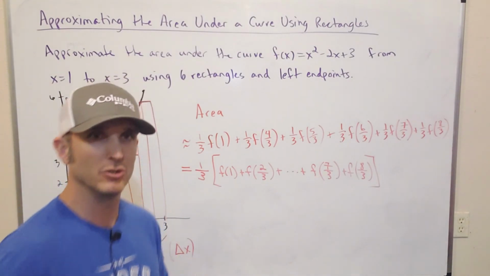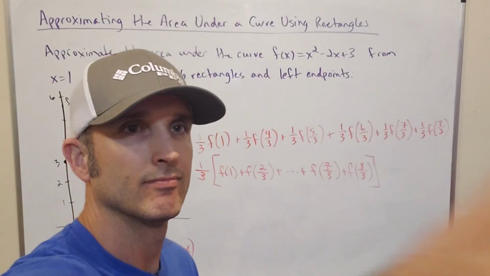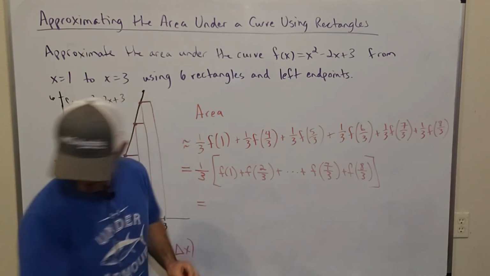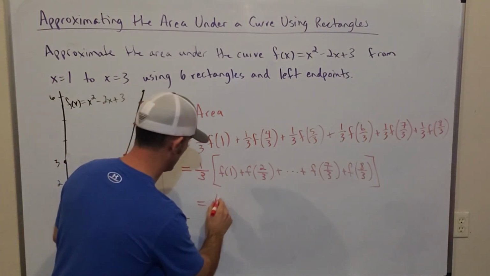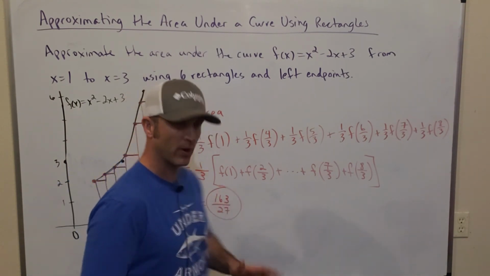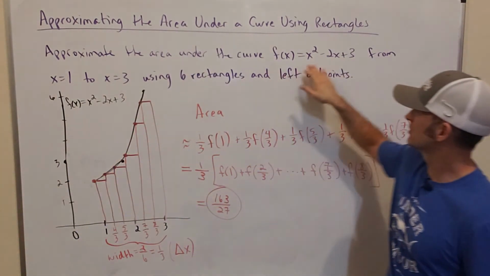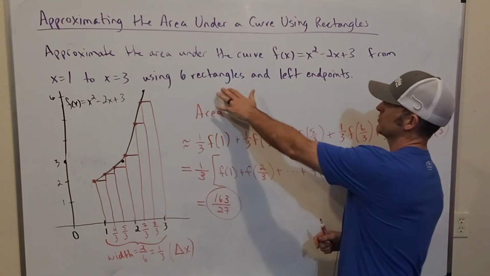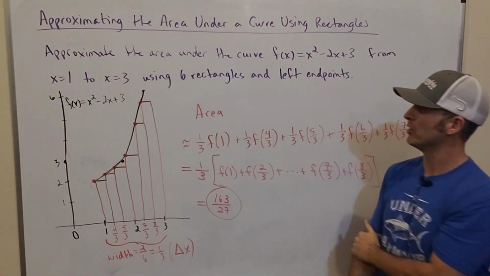You don't need to watch me do that. I'll be right back. Okay, and it looks like we get 163 over 27. So this is an approximation for the area under this curve, this function, from x equals 1 to 3, using 6 rectangles and left endpoints.